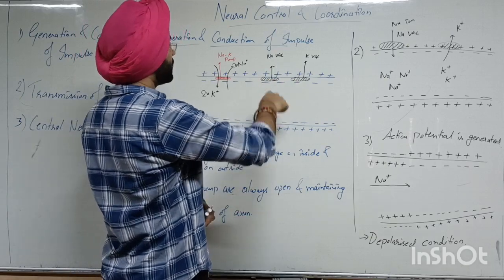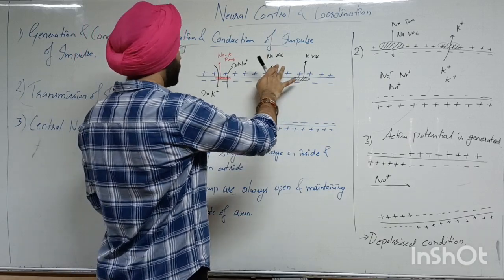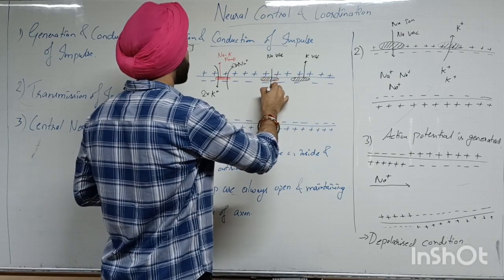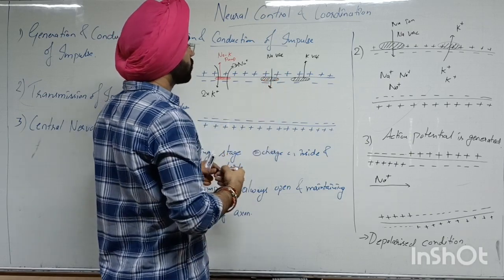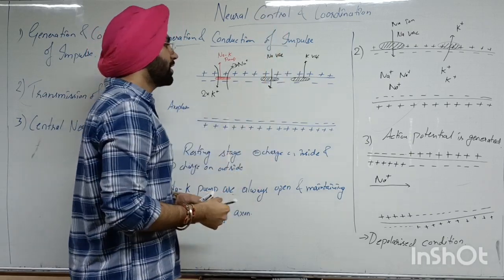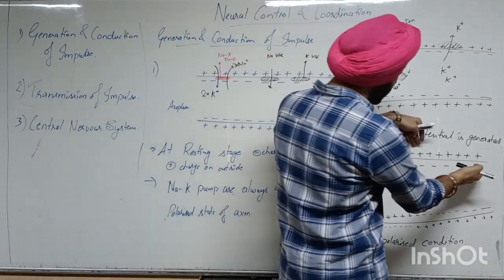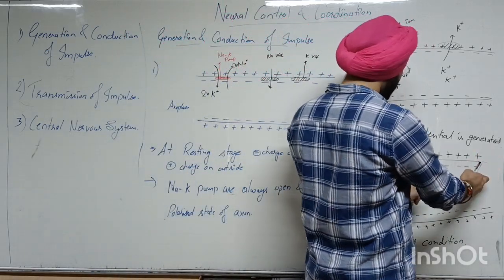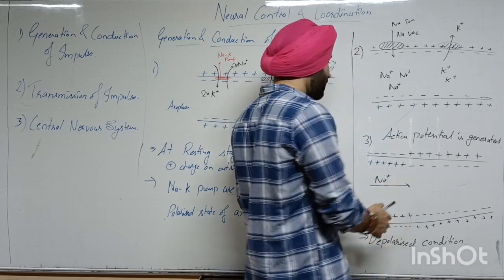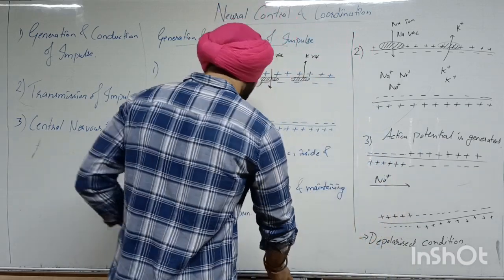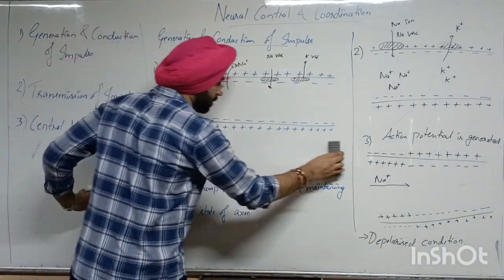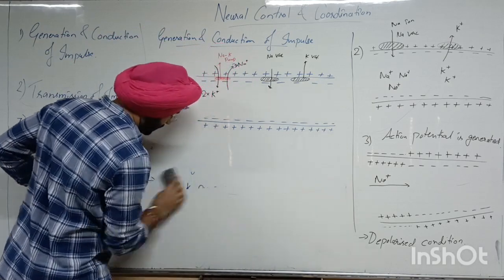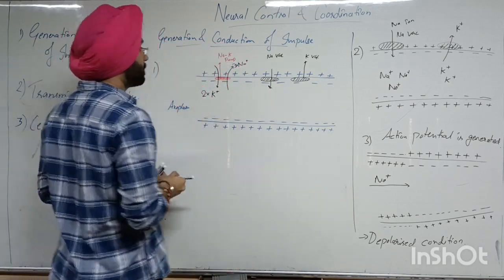Sodium VGC is influxing 3 sodium ions and outfluxing potassium ions. So the same thing is going to happen over here, and this is the polarized part and this is the depolarized part. So this action potential is now being conducted to the next part.